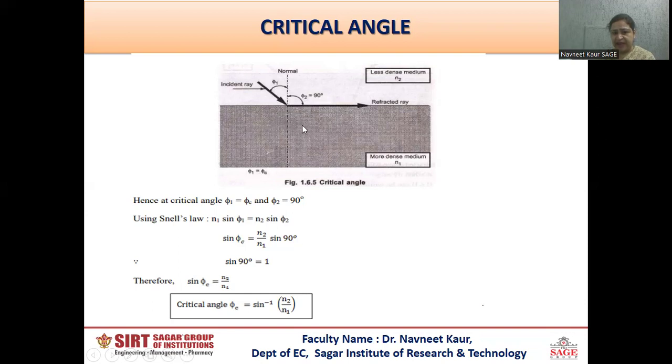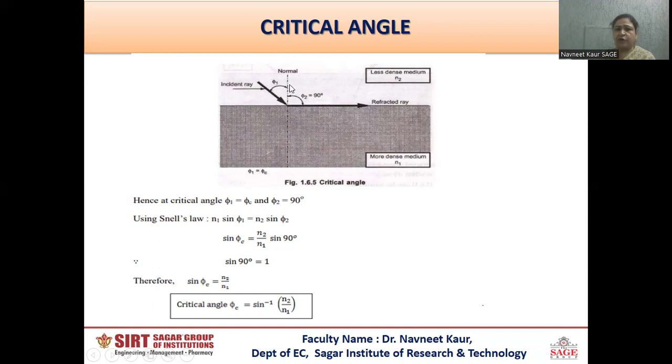That means this angle of refraction will now be 90 degrees. So here we have seen that as the angle of incidence goes on increasing, it will reach a point where the angle of refraction becomes 90 degrees and the light ray runs parallel to the interface.